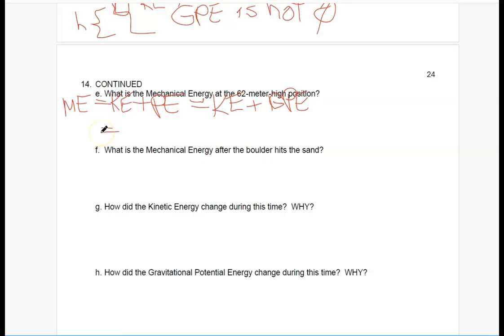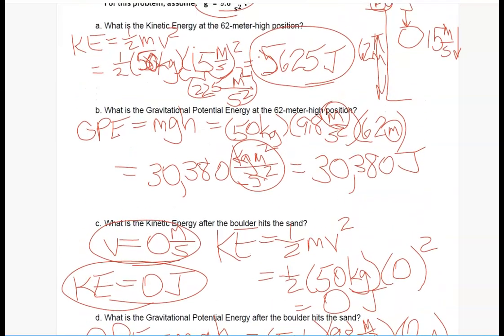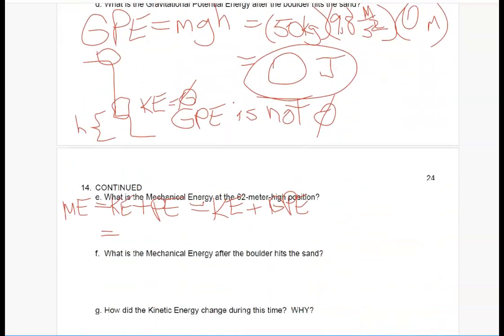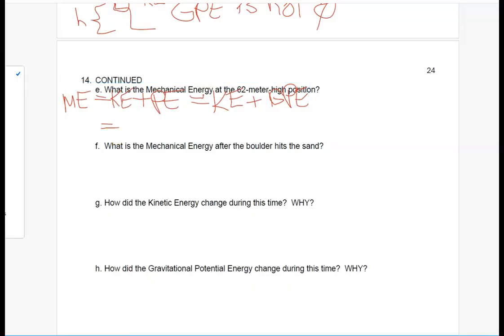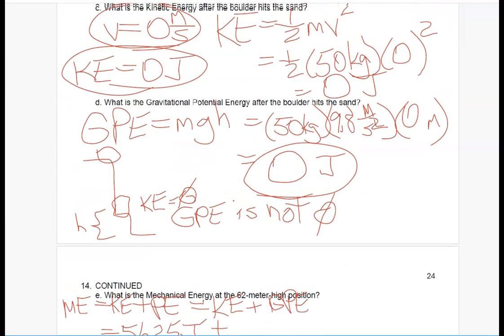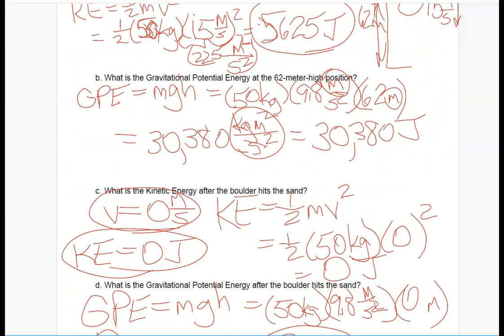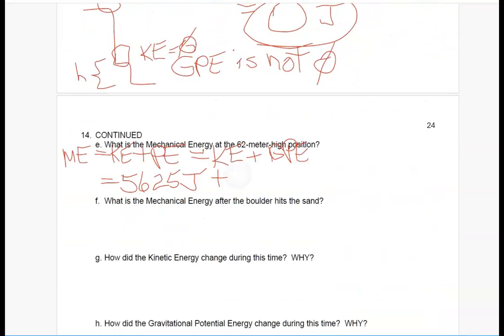So that's the sum of the first number we calculated. Let's scroll back up to that. That's 5625 joules for kinetic energy. And then we had another one that was about 30,380 joules for the gravitational potential energy.